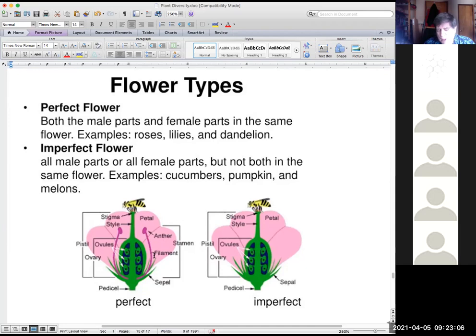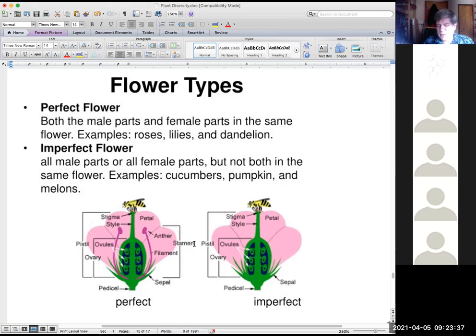And really, the parts of the flower are modified leaves in a sense, if we look at their evolutionary origin. So as a result, the sepals are slightly lower than the next ring of reproductive structures, which is the petals. And the petals are slightly lower than the next ring, which are the stamens.